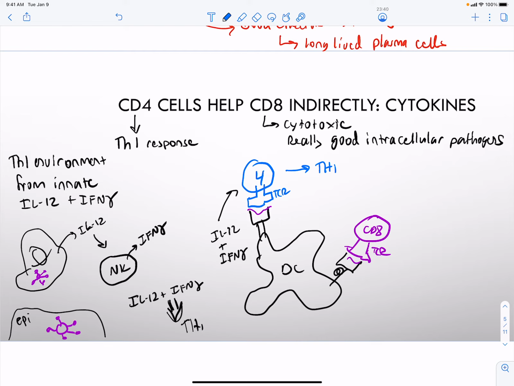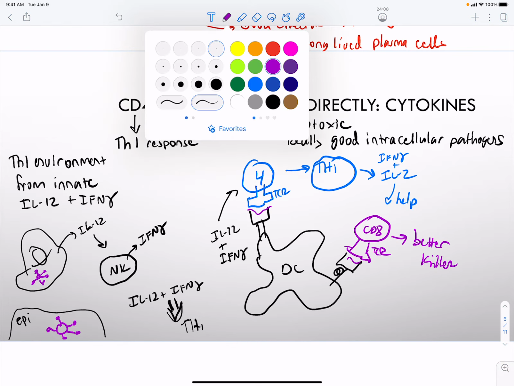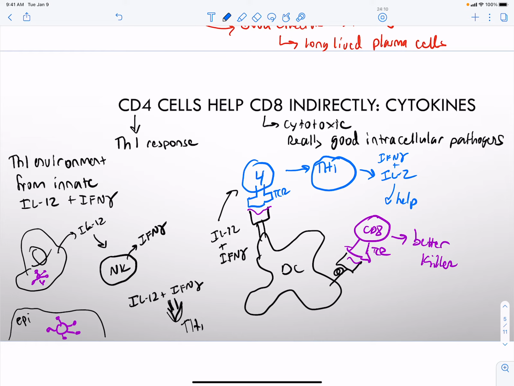And then this TH1 cell will release IL-2, it will release interferon gamma, and this will help the CD8 T cell be able to become a better killer cell. But it's only the cytokines that are helping the CD8 T cell.